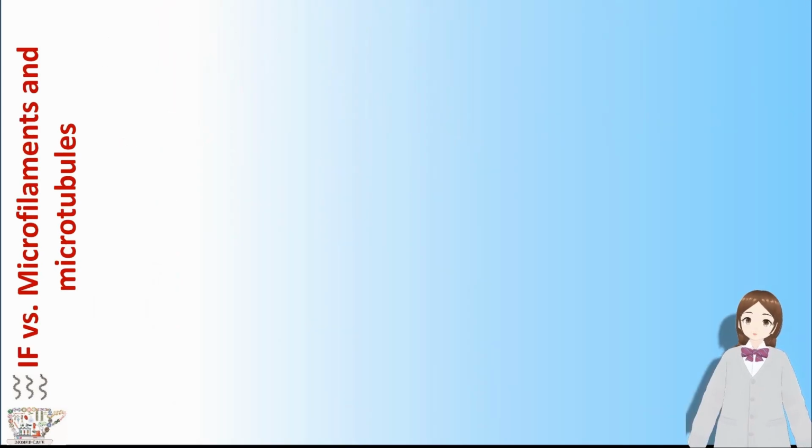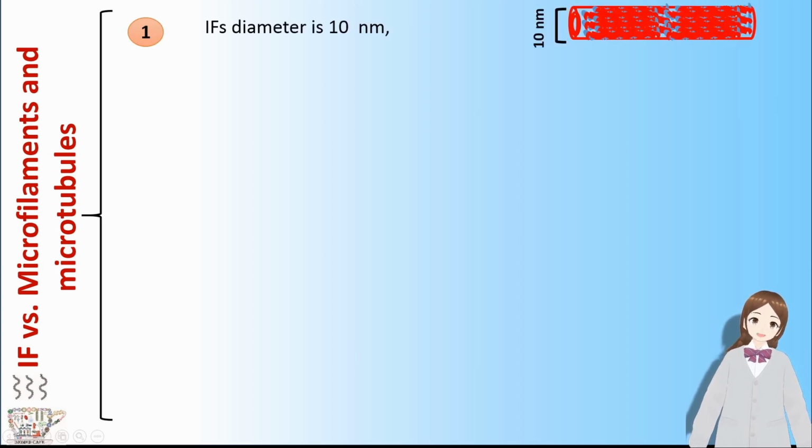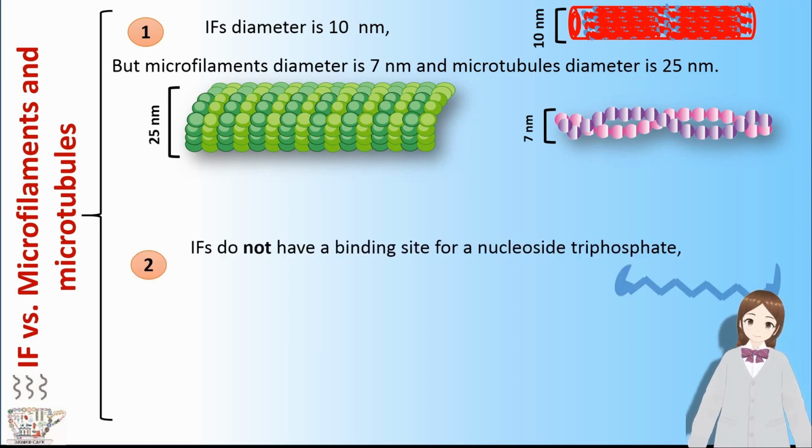Now I want to compare intermediate filaments with microfilaments and microtubules. 1. Intermediate filaments' diameter is 10 nanometers, but microfilaments' diameter is 7 nanometers and microtubule diameter is 25 nanometers. 2.